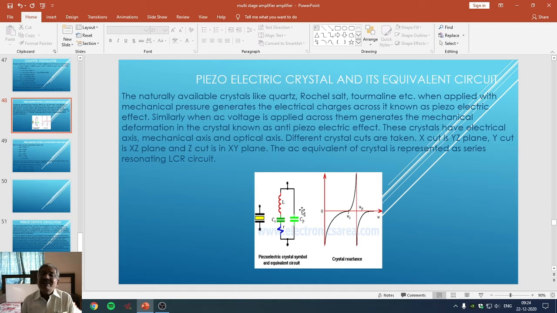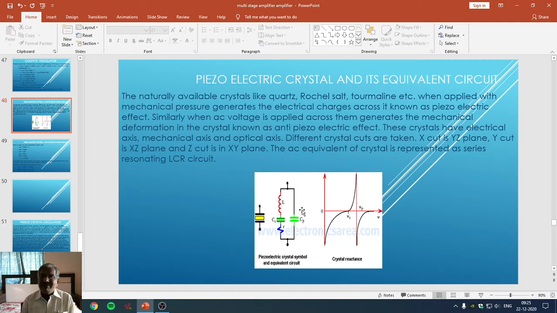This crystal has another property also: when you apply electrical voltage across two faces, it generates mechanical oscillations across the opposite faces. This is opposite to the previous one, and that's why this effect is known as the anti-piezoelectric effect. So the piezoelectric crystal possesses both properties.